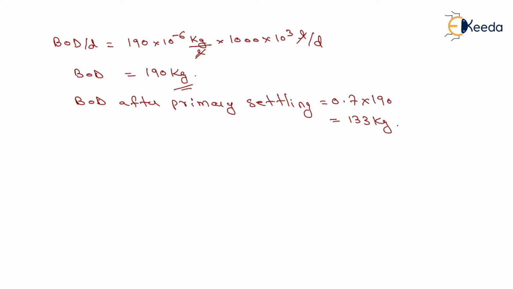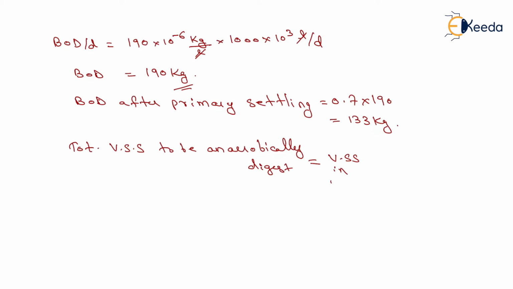Now the total volatile suspended solids to be anaerobically digested will be equal to the volatile suspended solids in primary treatment, plus the total volatile suspended solids by secondary treatment.